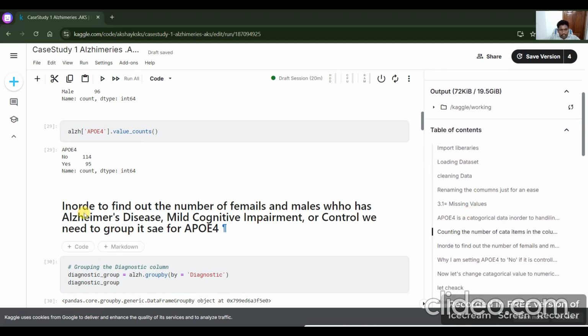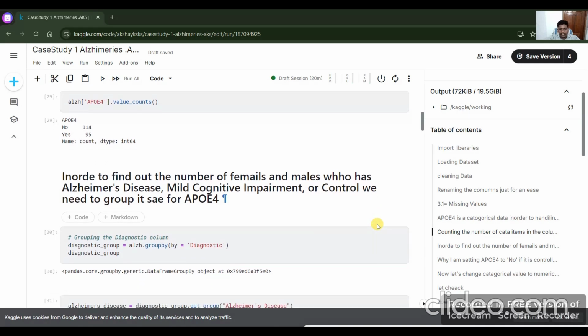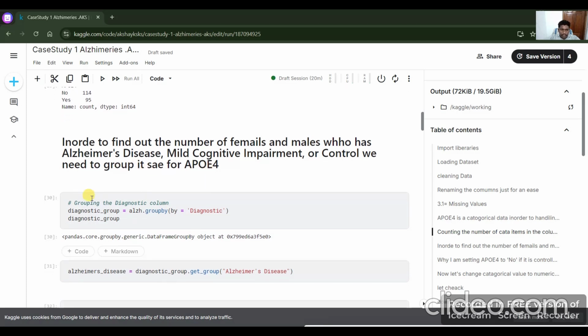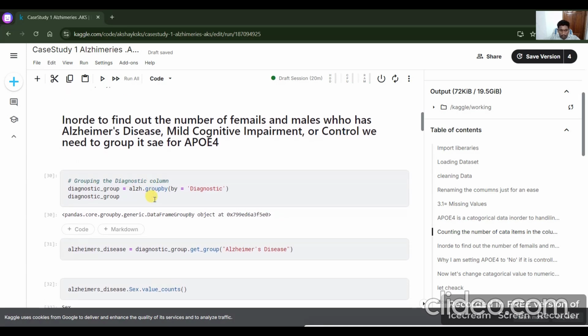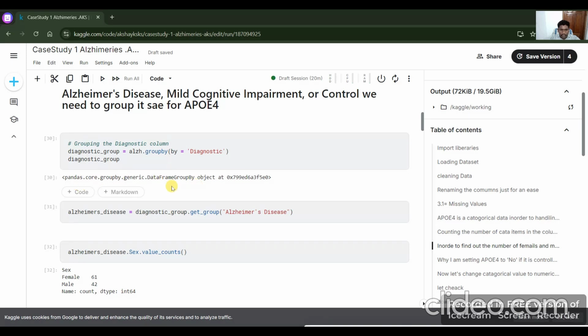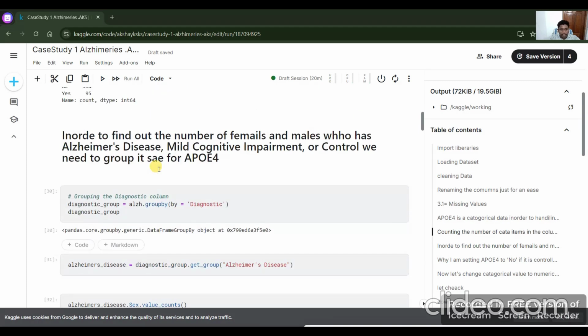In order to find out the number of females and males who have Alzheimer's disease, mild cognitive impairment or control, we need to group it. For APOE4, grouping the diagnostics column: diagnostic group is equal to dataset dot groupby diagnostics underscore group. Then we can see the grouping, these are all the data.